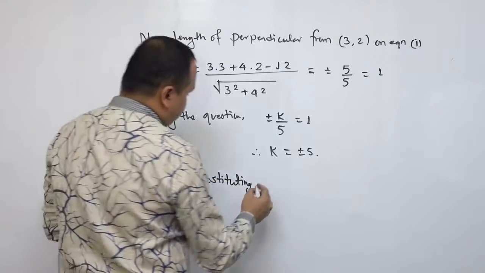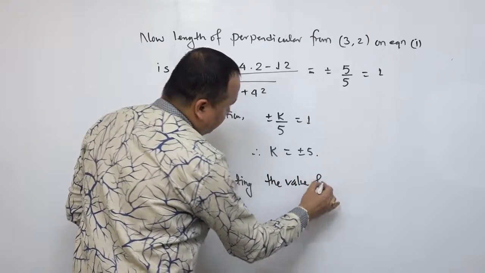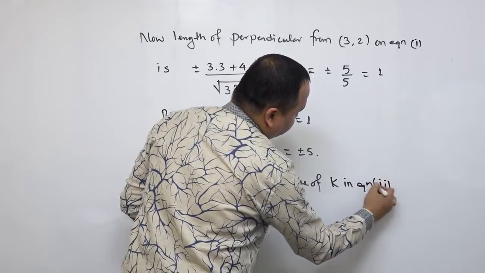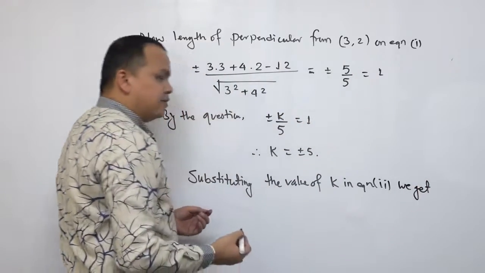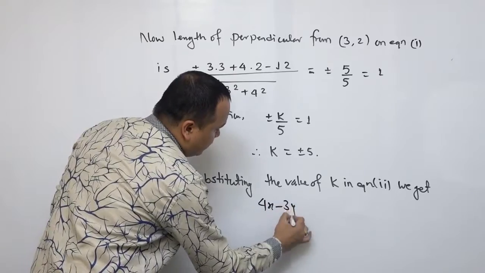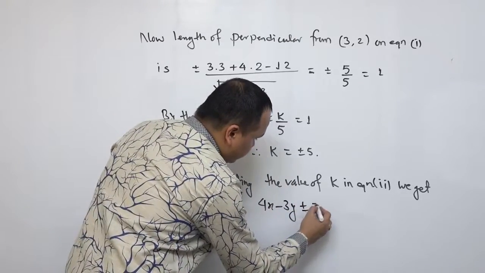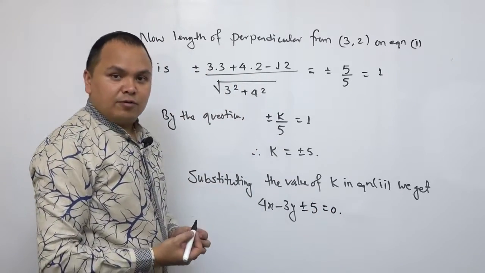Now, substituting the value of k in equation II, we have the second equation 4x minus 3y plus k, and k is plus minus 5. So 4x minus 3y plus minus 5 is equal to 0, which is the required equation.